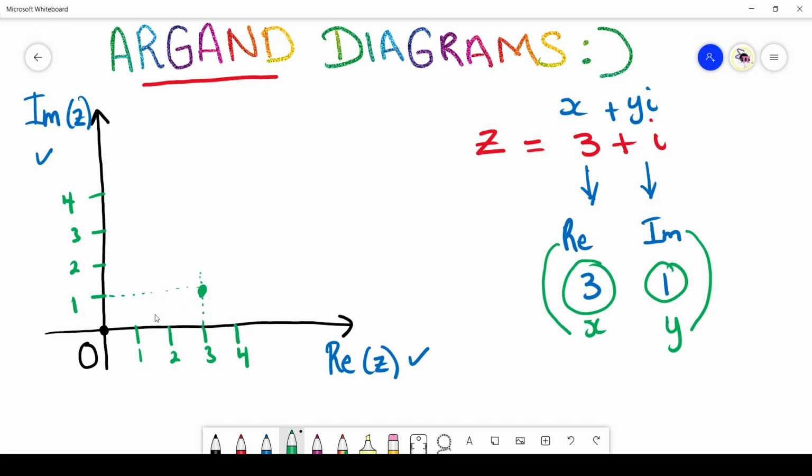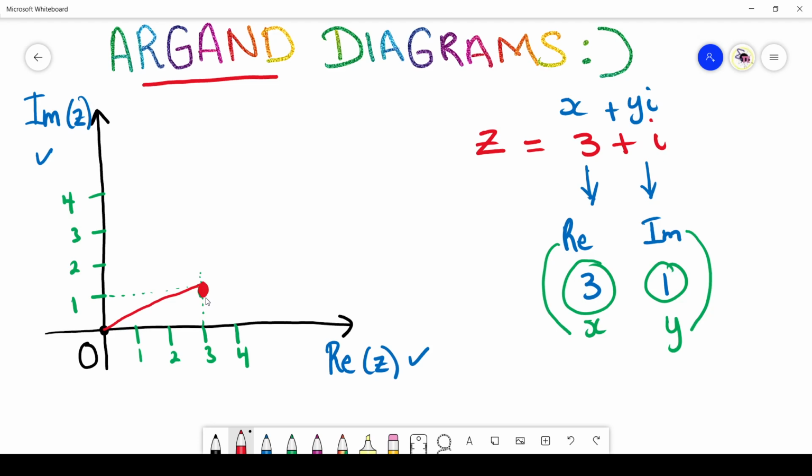And that means that we could connect just like you would a position vector. You would simply connect from your origin to that point there. And that is how you would represent your complex number on an Argand diagram. That's the final answer.